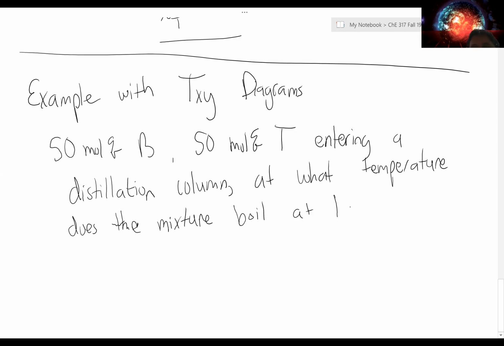At 1 atmosphere. So for this, we have to look at our TXY diagram, which I can share with you because I do have it.